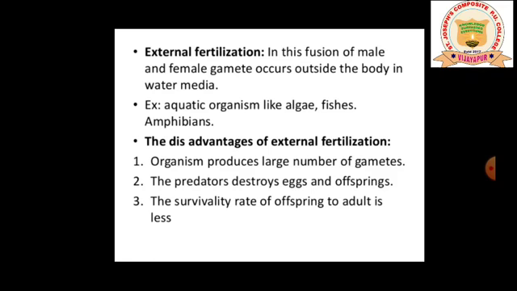On the basis of development of their zygote, animals are grouped into oviparous animals and viviparous animals. In the sense, according to how the development of the zygote is going to take place, animals are categorized into 2 types, that is oviparous animals and viviparous animals.